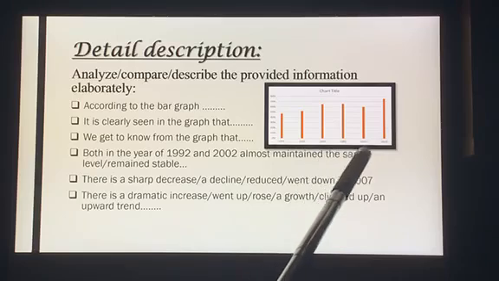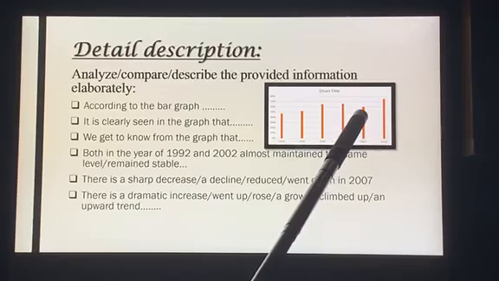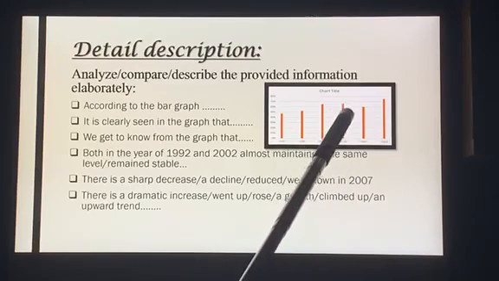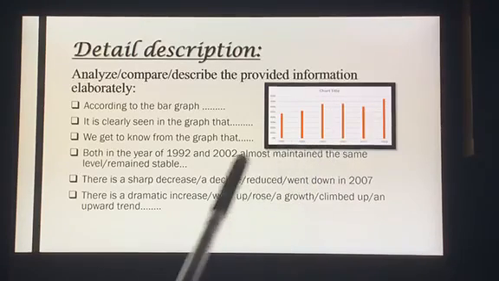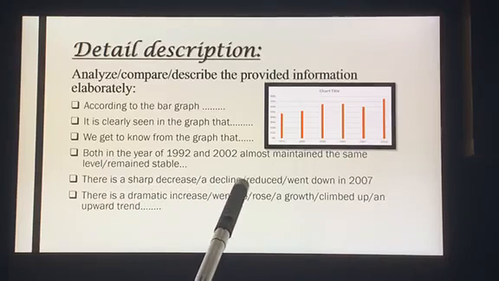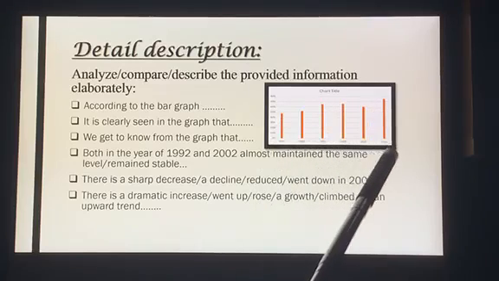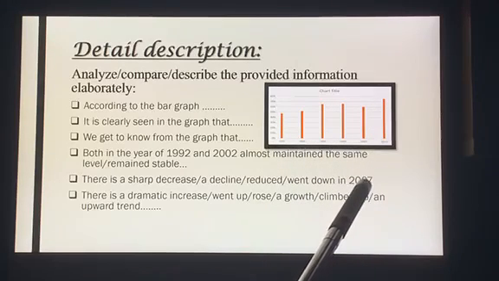Okay, here in 2007 we see a decline, a reduction of the rate. Here it has decreased a bit. So you can mention it like this: there is a sharp decrease or decline or reduce, or the literacy rate went down in 2007.